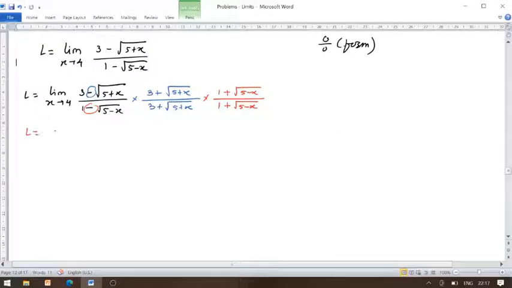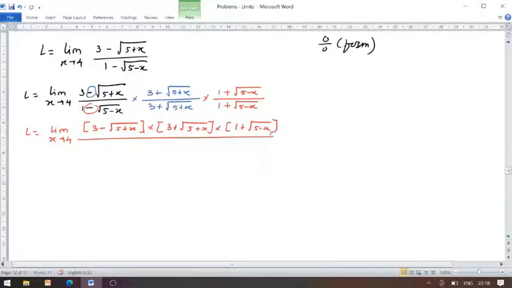So now the same thing: numerators are multiplication over numerator, denominators are multiplication over denominator. So we get (3 minus root of 5 plus x) into (3 plus root of 5 plus x) into (1 plus root of 5 minus x), whole divided by, now just rearrange the denominator.